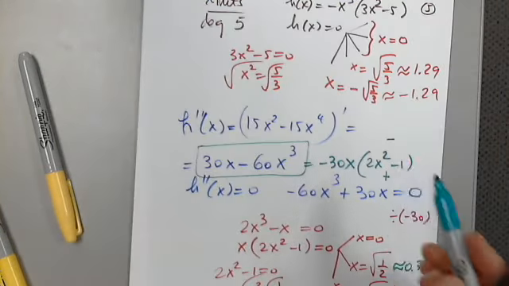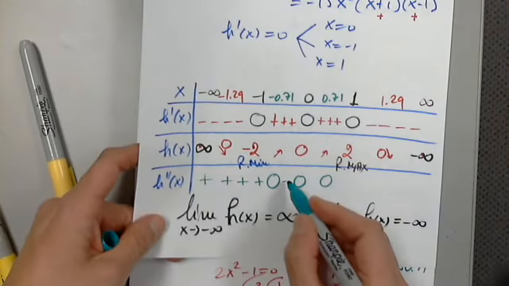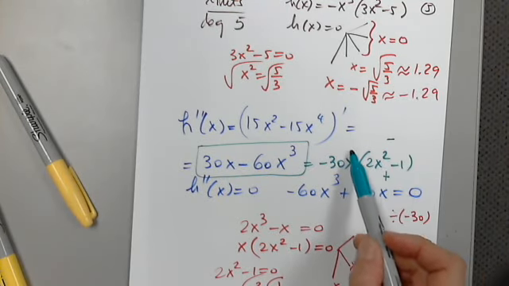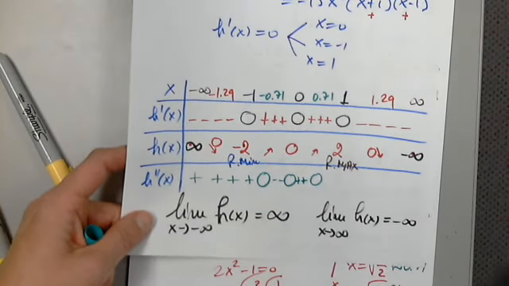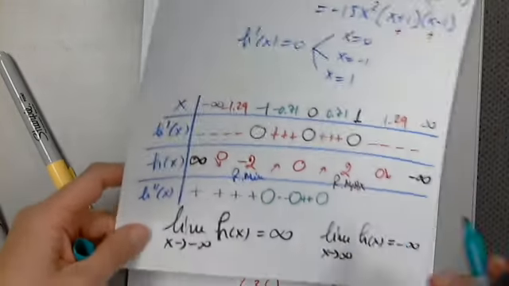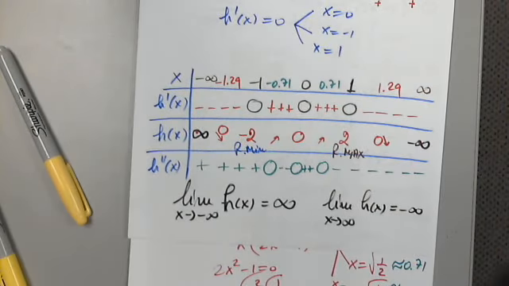With negative 0.5, this will be negative, so I see 3 negatives. Now with 0.5, this will still be negative, but this will be positive, and this will be negative, so this is positive. Now I'm going to plug in 1, this is positive, and this is negative.